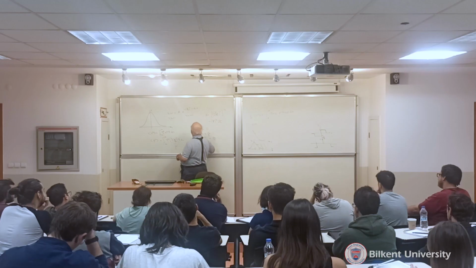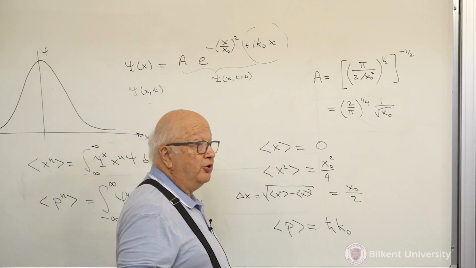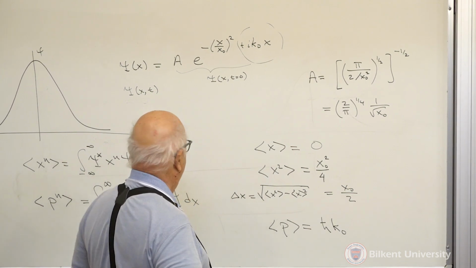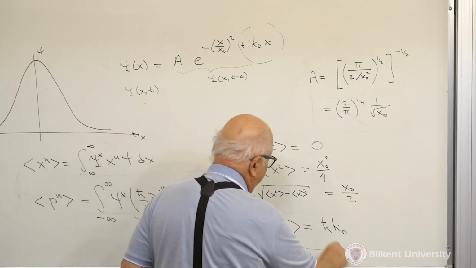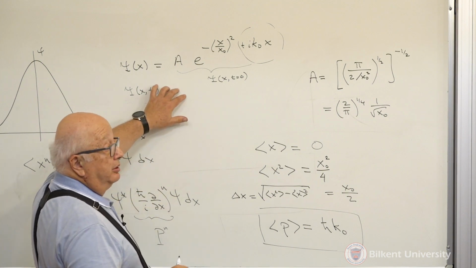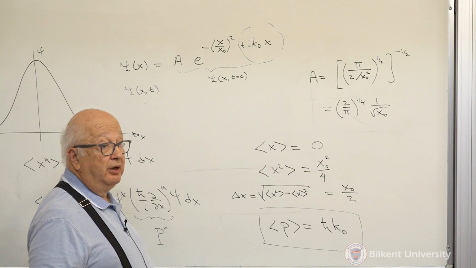Now, this part here, which contains e to the i k0 x, also tells you the momentum at that instant in time, at time equal to 0. The momentum associated with this wave function.